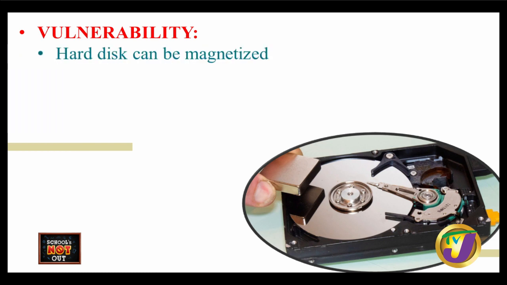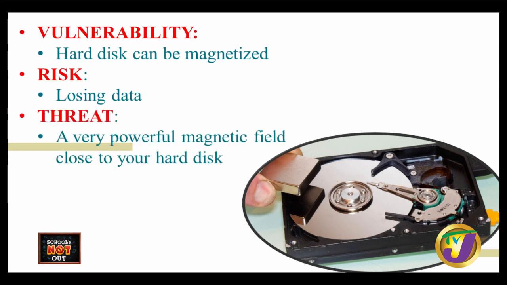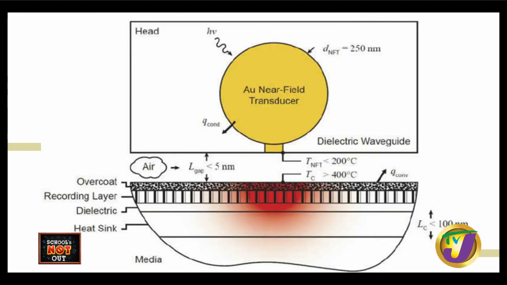But one vulnerability would be your hard disk having the capability of being magnetized, and then the risk would be losing the data, of course, losing your software, losing your operating system, and then the threat, of course, a very powerful magnet.